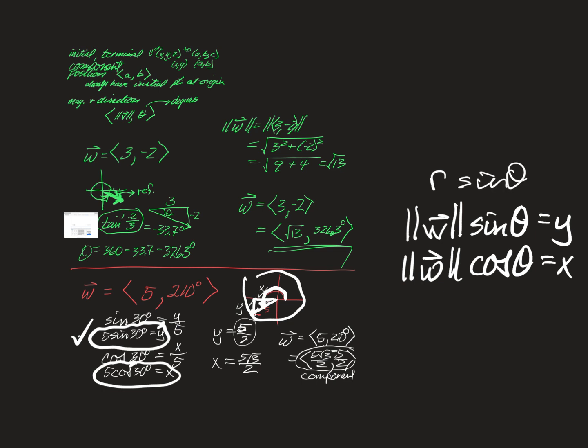These are actually the conversions that we used for polar coordinates. They're just written out in vector language.